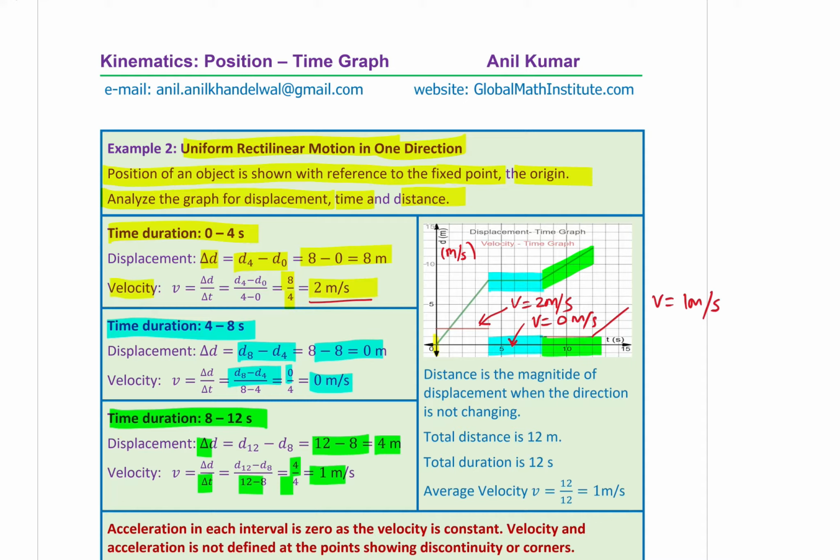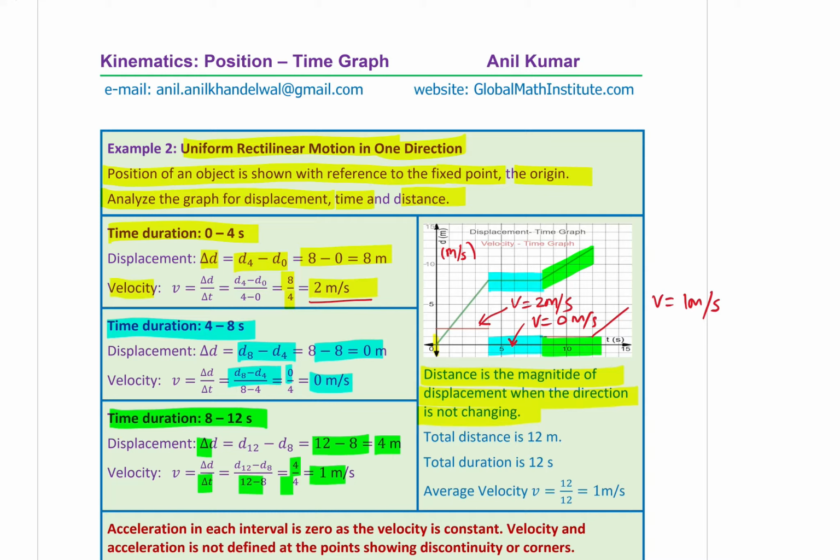Now, let us also consider the distance traveled. It is important to note when the object moves in one direction, distance is the magnitude of displacement when the direction is not changing. So if it is moving in one direction, then distance and displacement magnitudes are the same, correct?